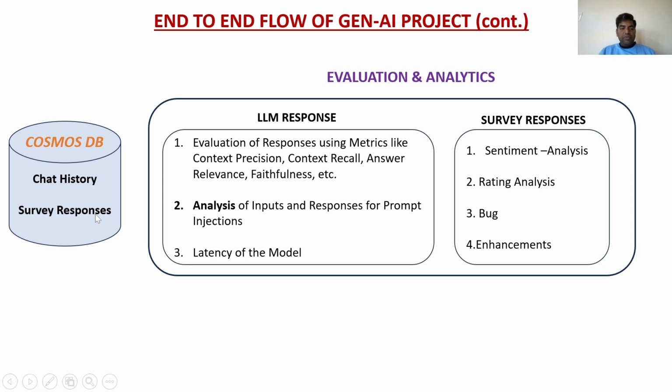Just now I said that we will be taking the feedback survey from the user and we store that response in the Cosmos DB. And we have got the responses, but we need to see how to improve those responses. We do that using the chat history and survey responses.